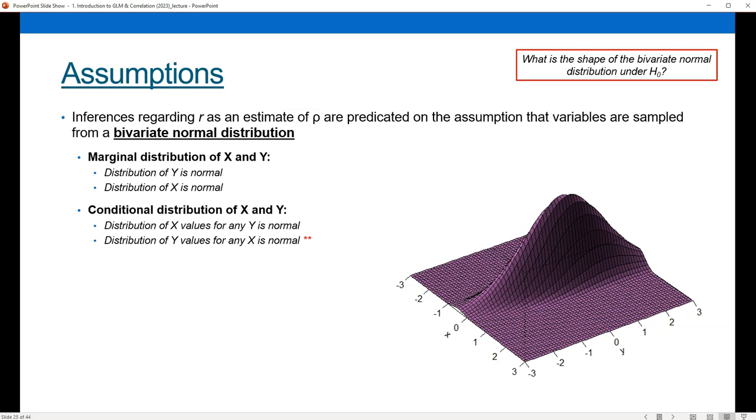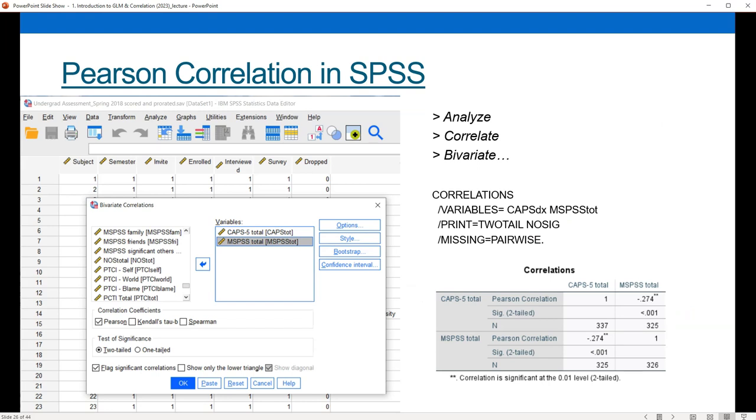Okay. All right, how do we get our Pearson correlation in SPSS? Pretty easy. If you go Analyze, Correlate, Bivariate, it will pop up your window here. You just pull in whatever variables you want to run correlations on, and then hit OK. If you ever run into problems, go to your labels tab and make sure that you don't accidentally have a continuous variable specified as a categorical variable or something like that, because sometimes SPSS will balk and not run those if you do that.